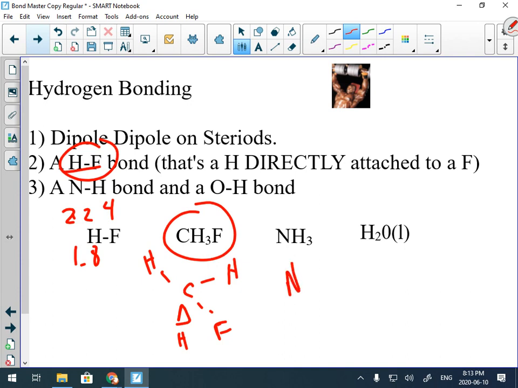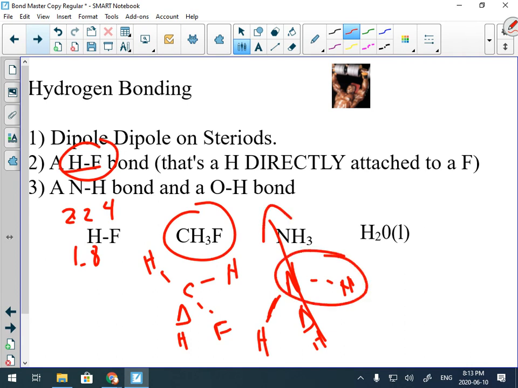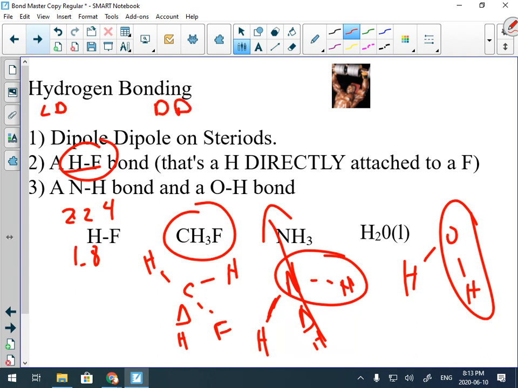Here we have ammonia, and when we draw this as a pyramid, it's polar, but it's also got hydrogen bonding. Water also has hydrogen bonding because of the OH bond. So we've got London dispersion over here, dipole over here, and hydrogen bonding right here. So hydrogen bonding is really, really strong.